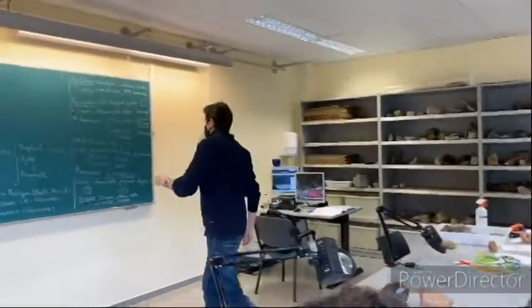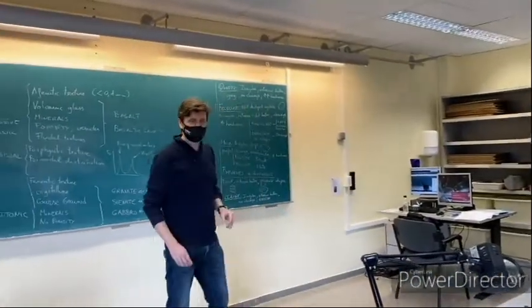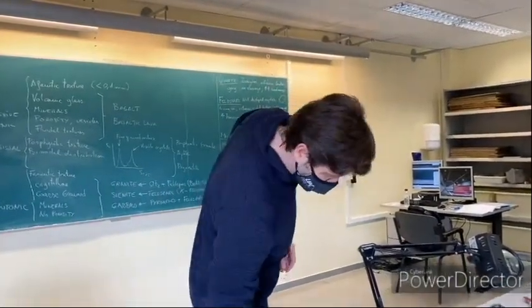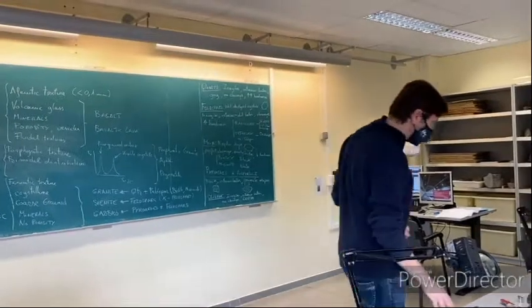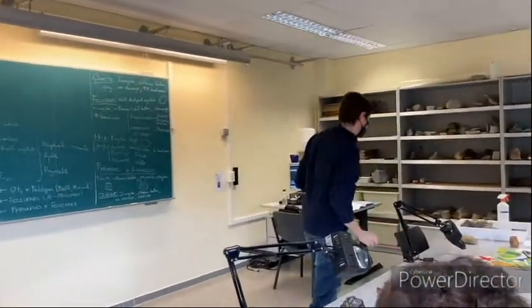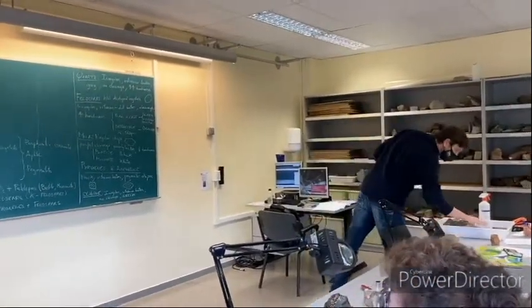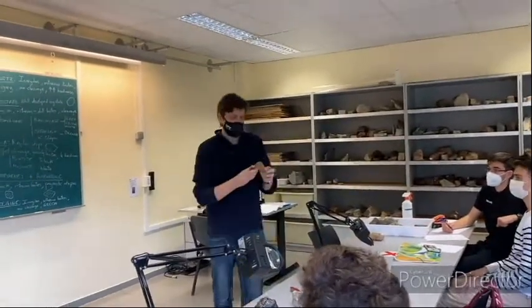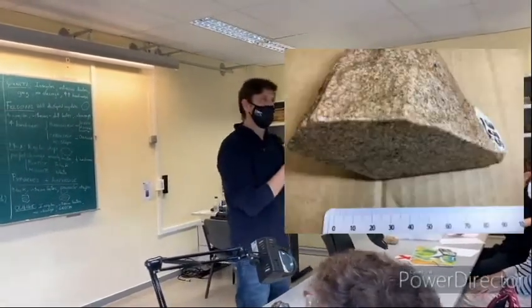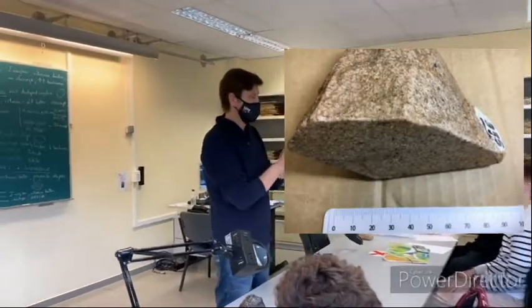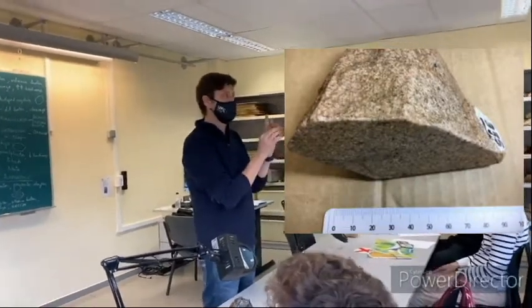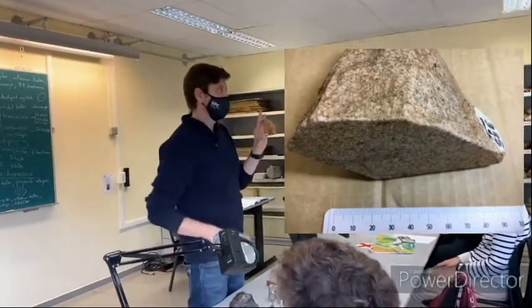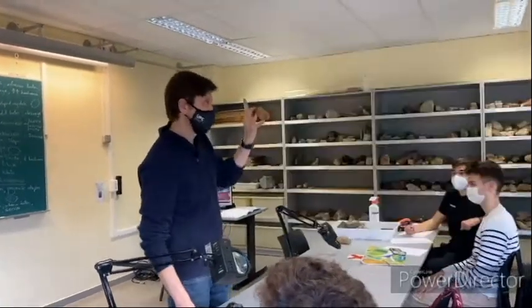Then we have aplite. A rock which is composed mainly of potassium feldspar, where you can see very small grains. You don't have the coarse grain of a granite. Okay, so this is an aplite.